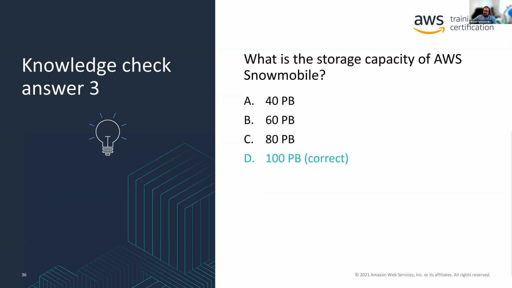For example, if it's an 80 terabyte Snowball, not Snowmobile, then it's going to be like 72, 73 terabytes usable. I want to say it's like 89 usable or something like that, but yeah.